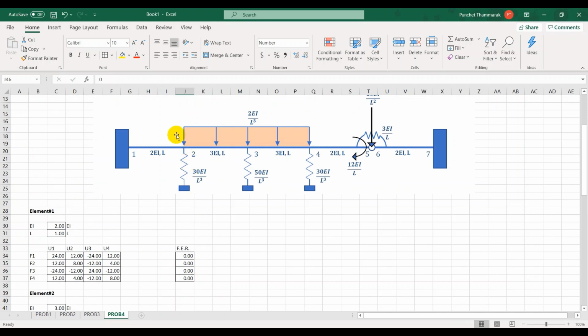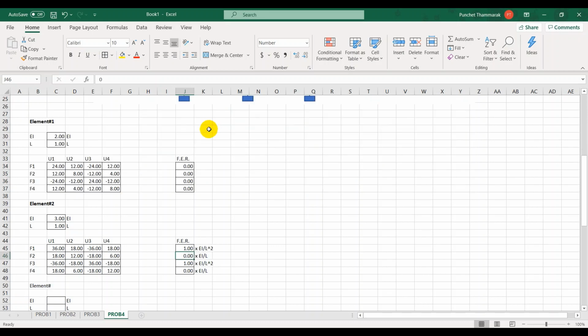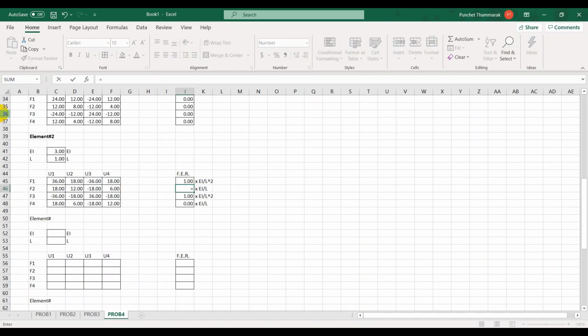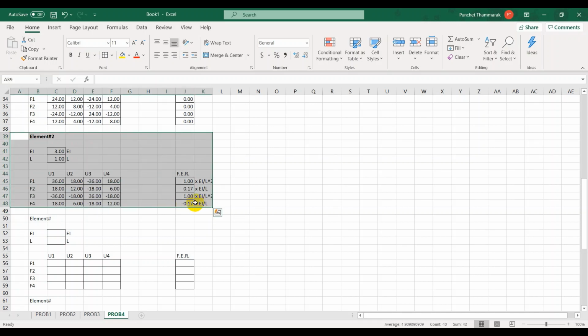For a moment, which is counterclockwise over here and clockwise over here, we have W, which is this one, L square. So now you get 2EI over L, alright? Divide by 12, so you have the 2 over 12, which equals 1/6. And this is minus. Okay, done. That's the element number 2.